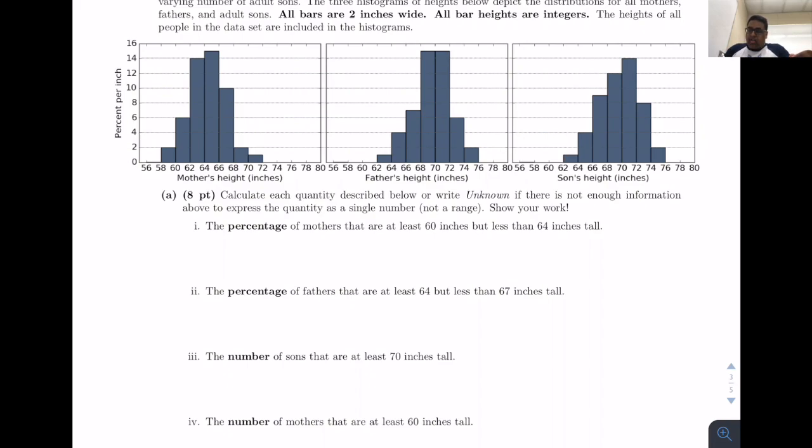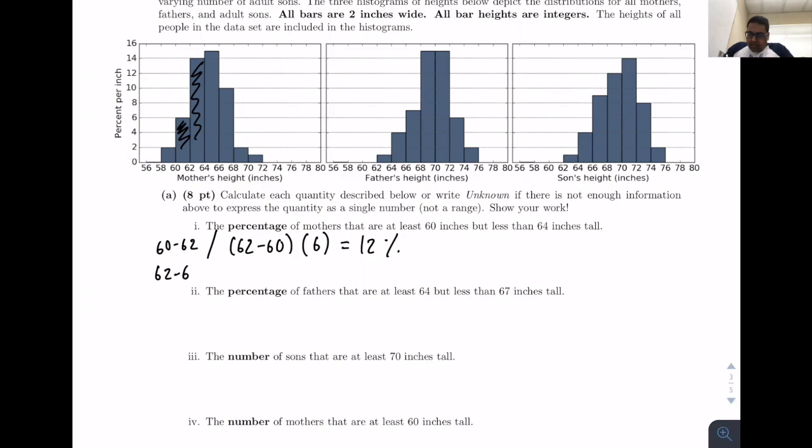So since we want to calculate the area of these two bars inclusive, we just use our typical width times height. So for the first one, 60 to 62, we have 2, which is our width, which we can also write as 62 minus 60, times our height, which is clearly 6, which is 12%, right, because we have percent per inch.